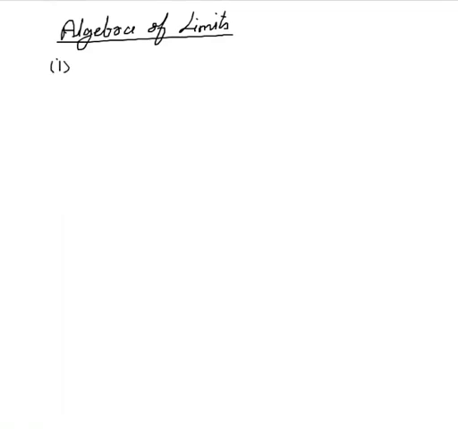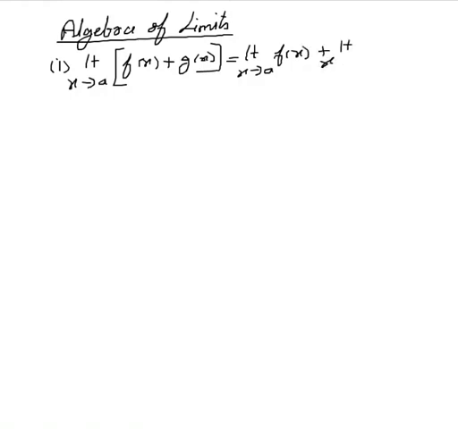Algebra of limits. Limit x tending to a of f of x plus g of x. You have the sum of two functions, and to apply the limit, we can separately apply the limits for each function. So limit x tending to a of f of x, limit x tending to a of g of x. Similarly for subtraction.